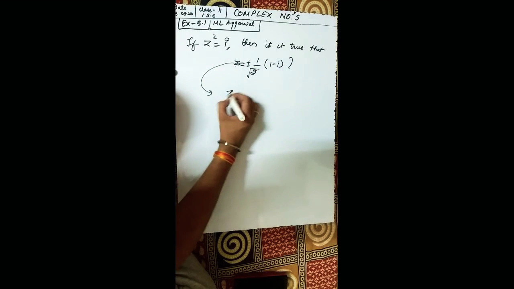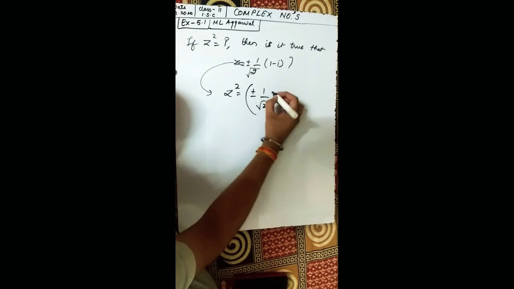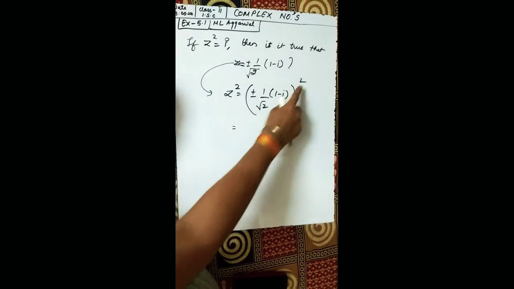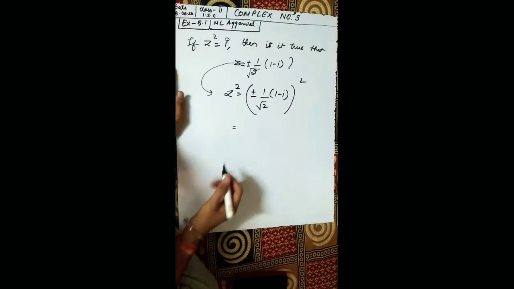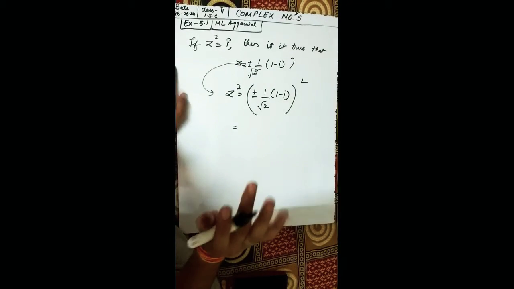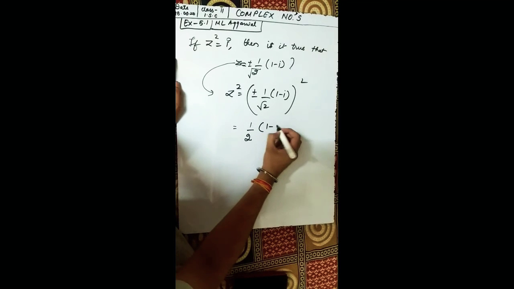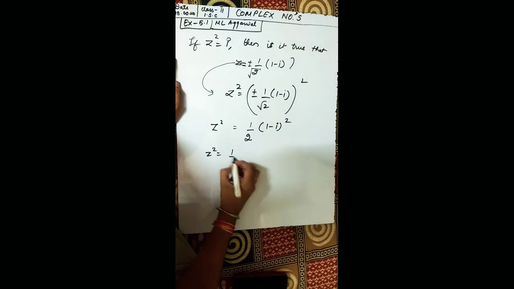Let us square both the sides. So z square will be plus minus 1 upon under root 2 times (1 minus i), the whole square. Now in a square, even if it is plus or minus, it will be positive only. So this plus minus sign will be removed. So z square is 1 upon 2 times (1 minus i) the whole square.